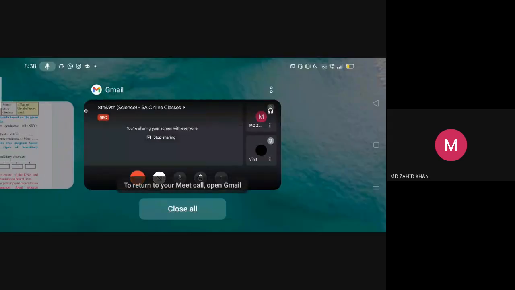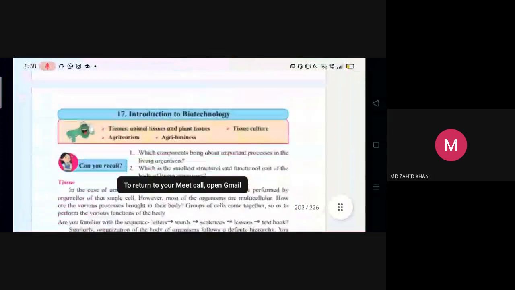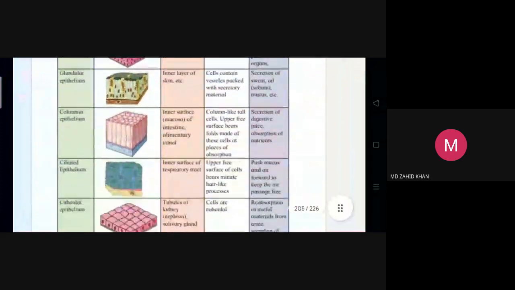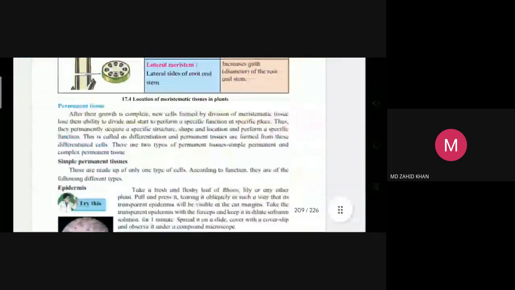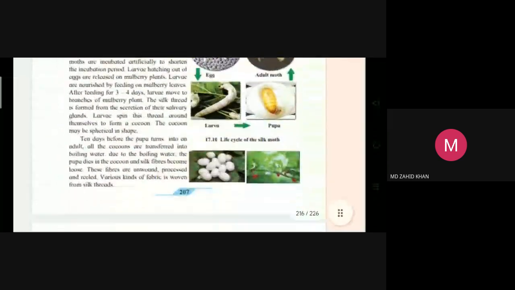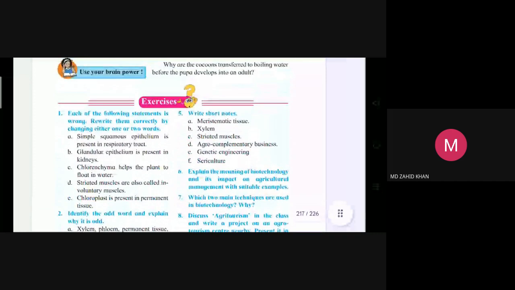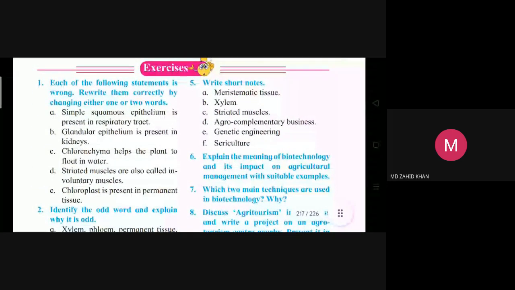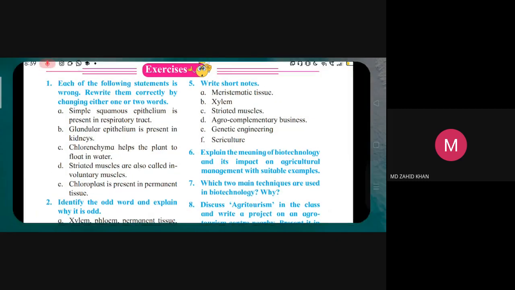Okay. Lesson number 17. Say right or wrong. Simple squamous epithelium is present in the respiratory tract.